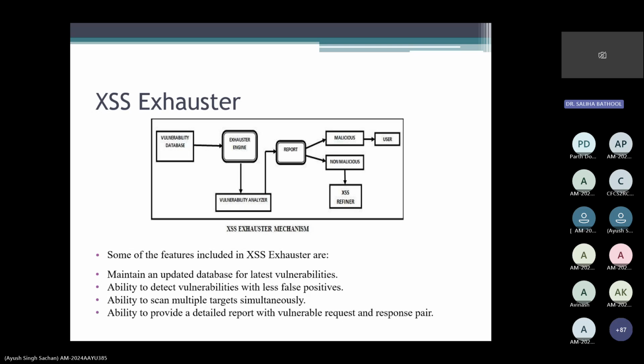I have given some features in this, like maintaining an updated database, so how the database should be updated accordingly, and also the ability to detect vulnerabilities with fewer false positives. Detecting vulnerabilities with fewer false positives has been a problem faced by previous work.